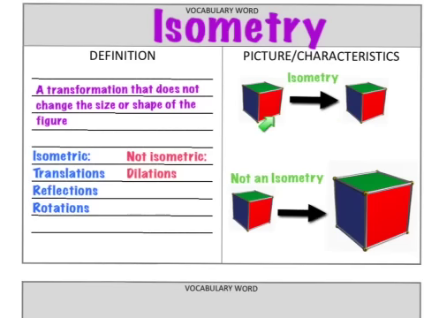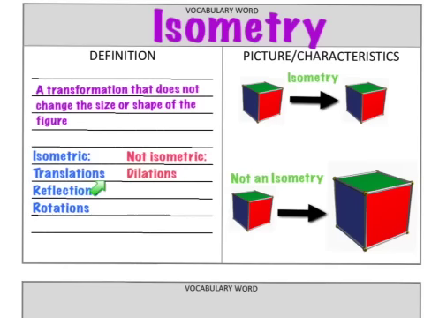Okay? So it represents isometry, that it's an isometry. This one, it actually got bigger, so it is not an isometry. It's not isometric. So there are isometric transformations and non-isometric transformations.